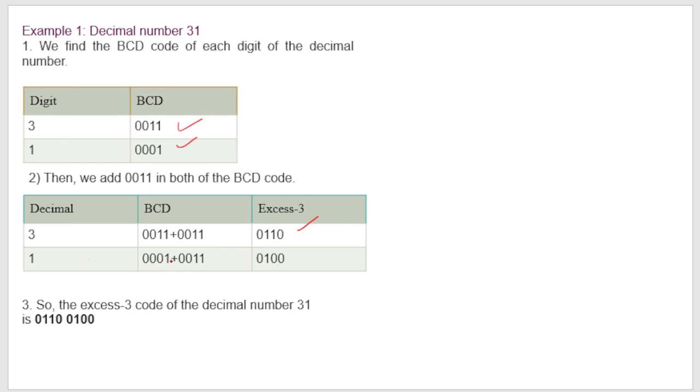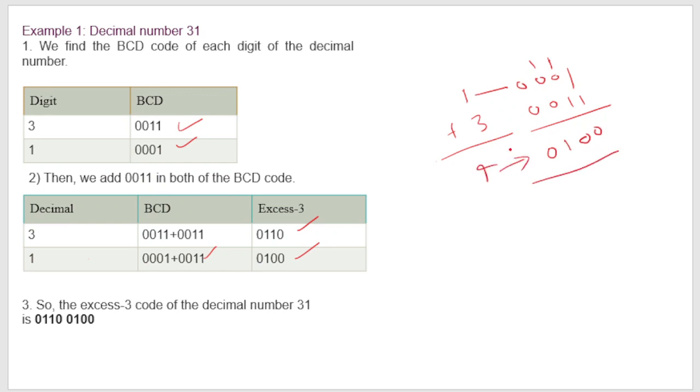For 1 we add 3, so we get 4. A similar thing is done: 1 is 0001, so we add 0011 here, and it is 0100 with carries, similar to 4.